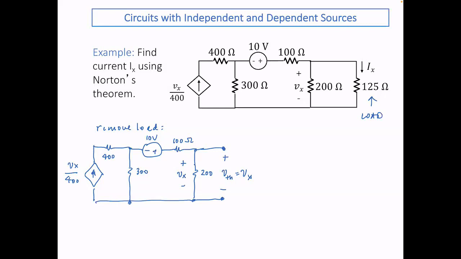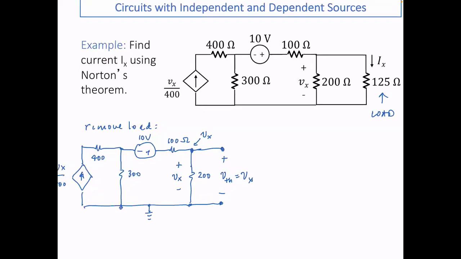So let me call this my reference node. Note that if that is my reference node, this voltage is also going to be V sub x. This voltage V sub x will be this voltage V sub x because this is my reference node. So let me call this voltage now V sub y.